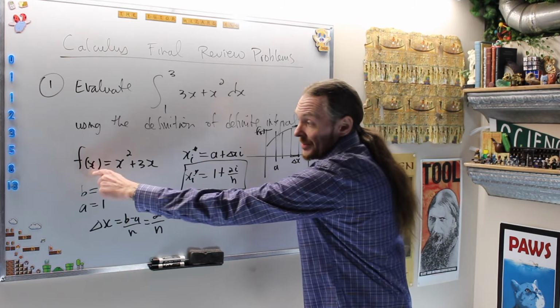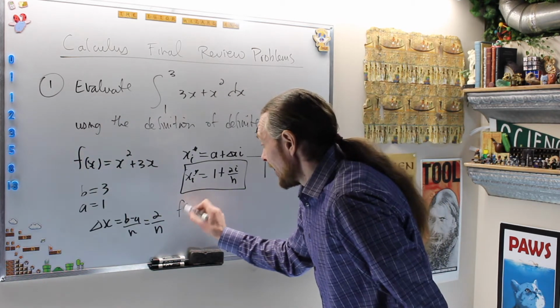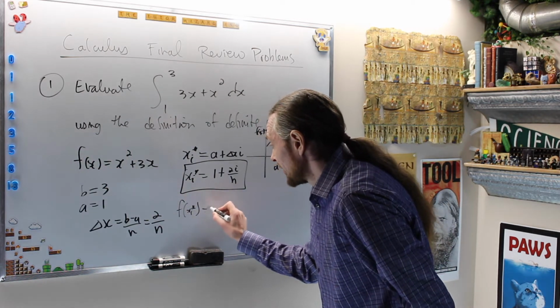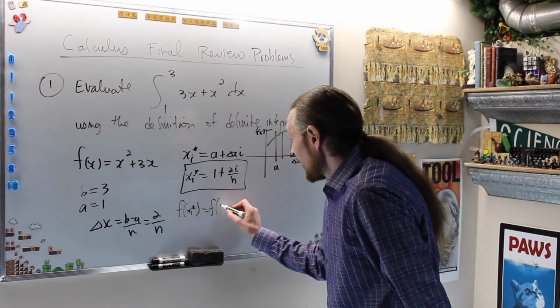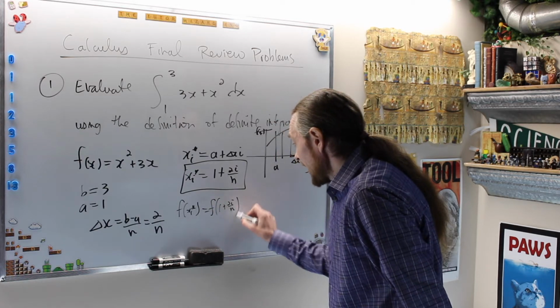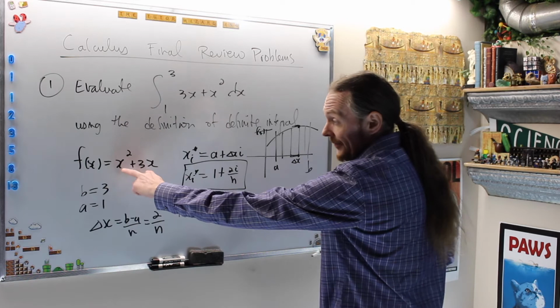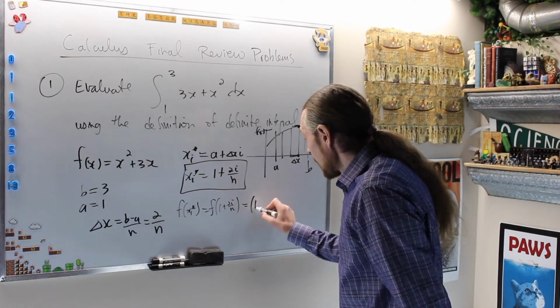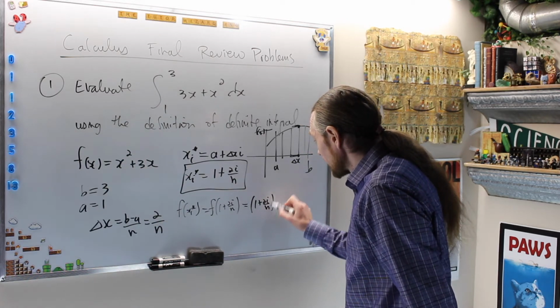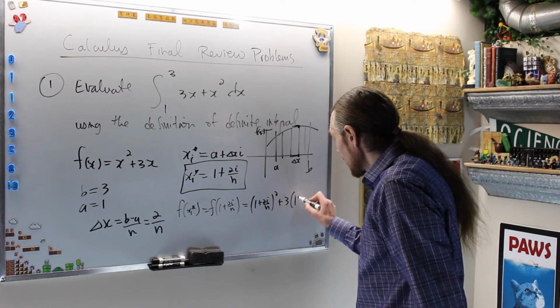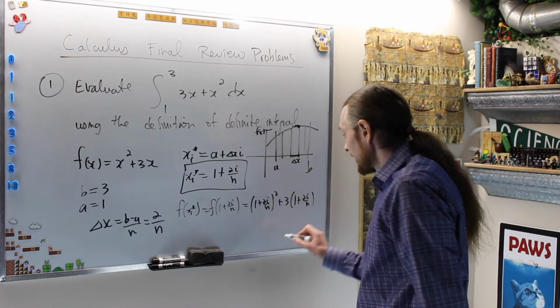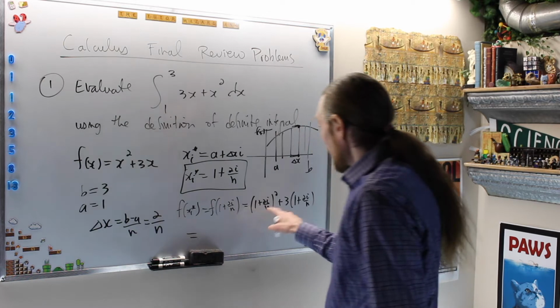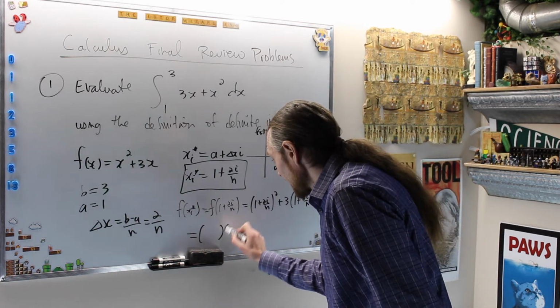Now xi star goes into f of x. F of xi star is equal to f of 1 plus 2i over n. That is now, f is this quadratic, 1 plus 2i over n squared plus 3 times 1 plus 2i over n. That ends up becoming, I'm going to FOIL this out, or multiply it by itself.